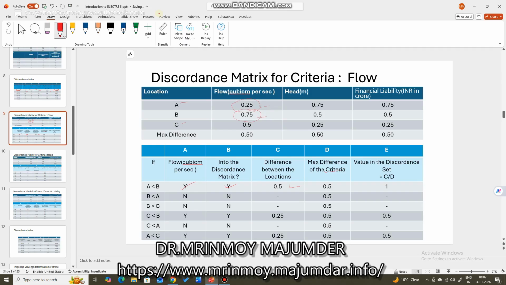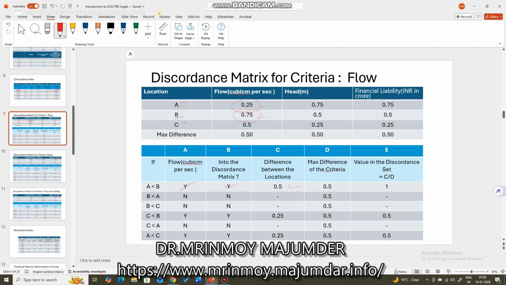Location A and location B has the highest difference, not C. Although if I do B minus A, then the positive result comes, but here I am doing A minus B, so this is not an issue.